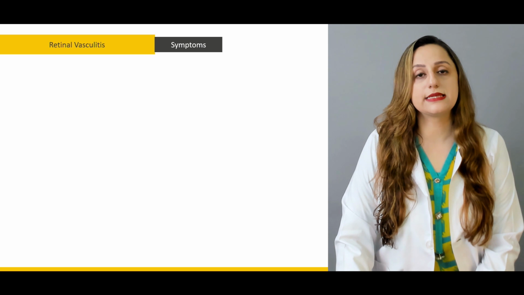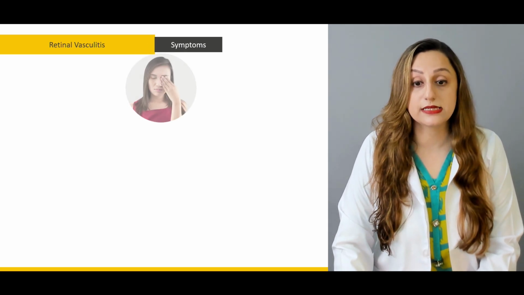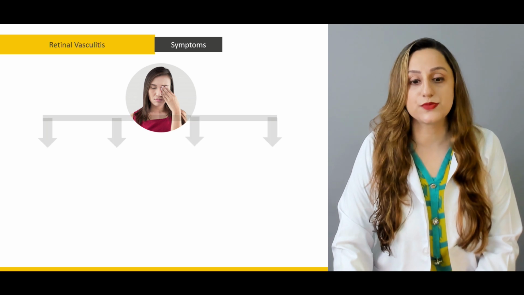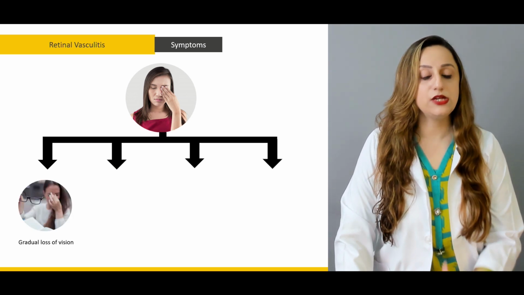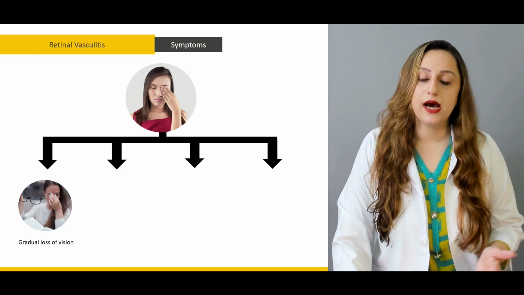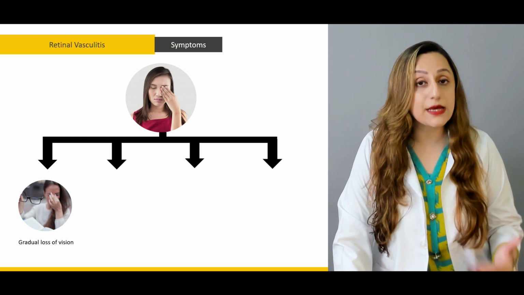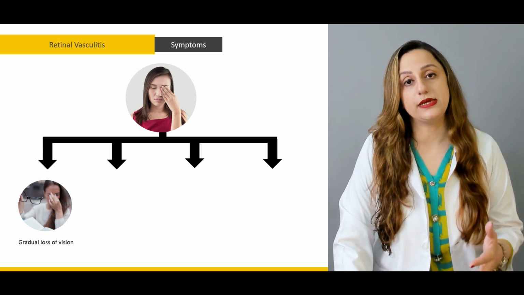Moving on to the symptoms that are particular to retinal vasculitis, we can summarize them as a gradual loss of vision that the patient will be reporting. The loss of vision would be subacute or chronic.